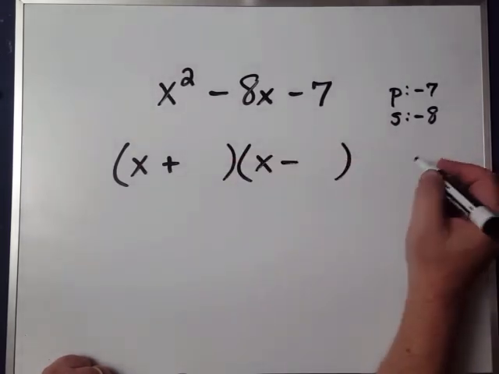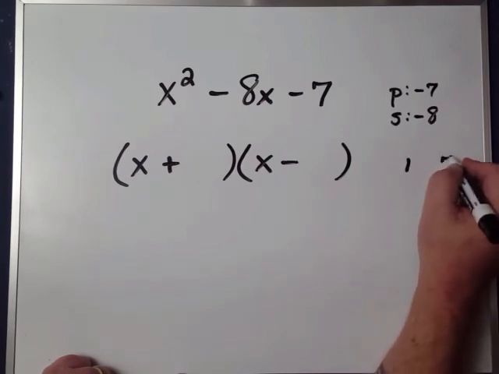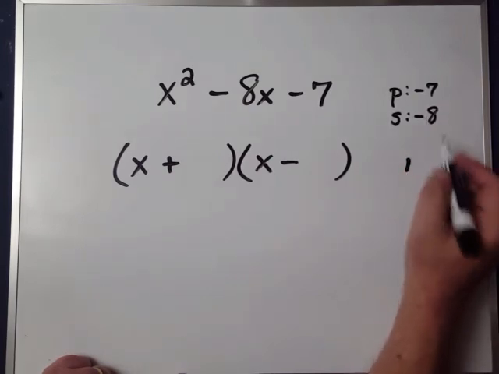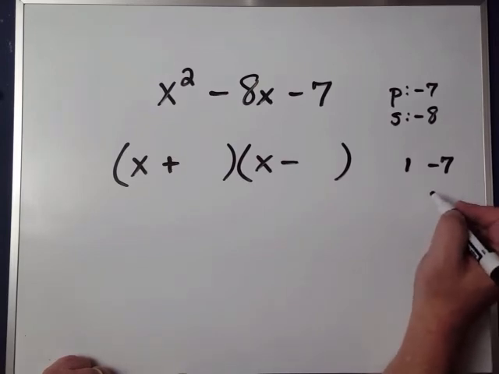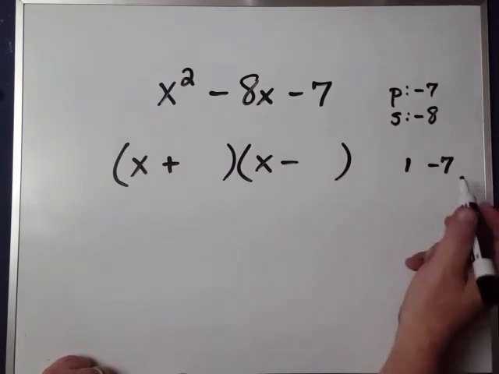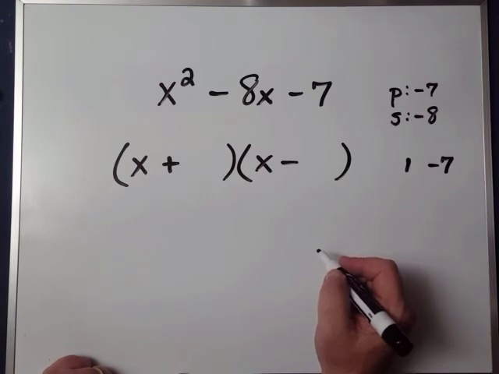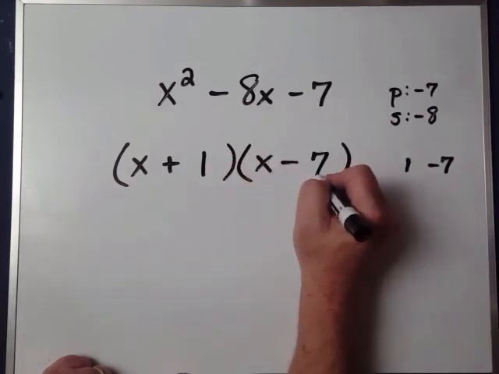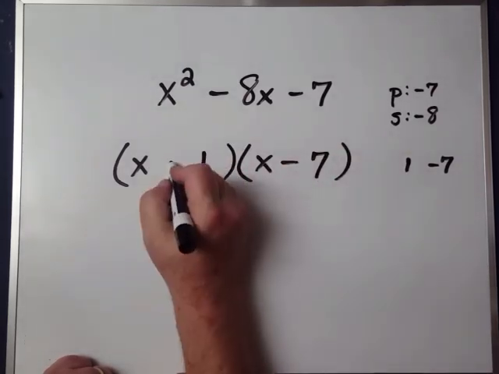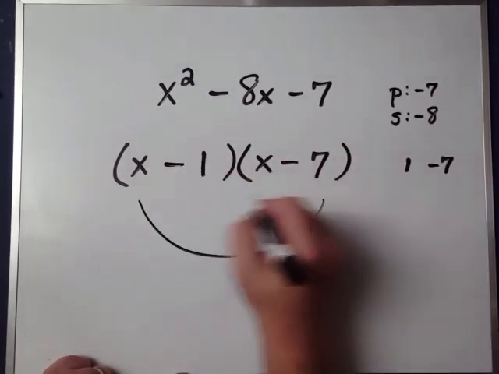Well, the numbers have to be opposite in sign, so is it 1 and 7, with the larger of the two numbers being negative? Nope. And 7's prime. That's the only factor pair. Hey, wait a minute, I've got it. How about if this were 1 and 7 and I made this one negative instead?